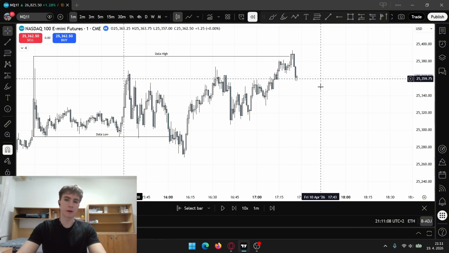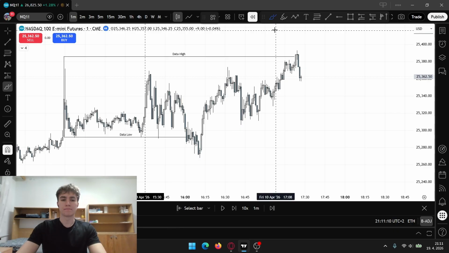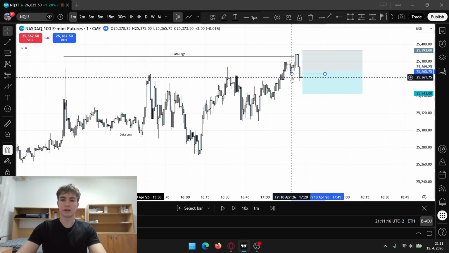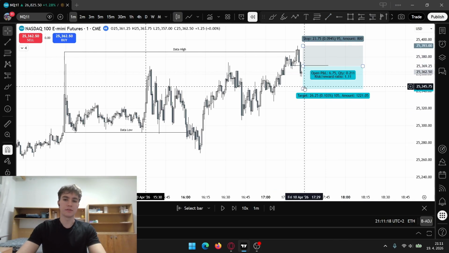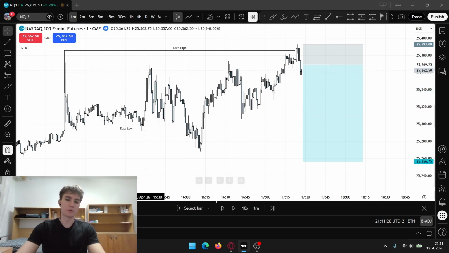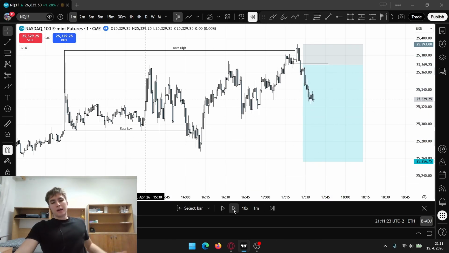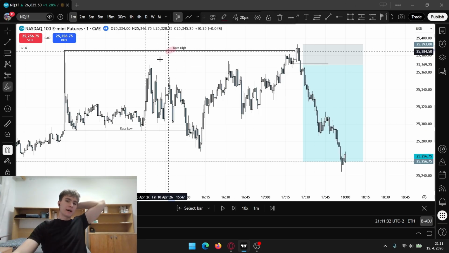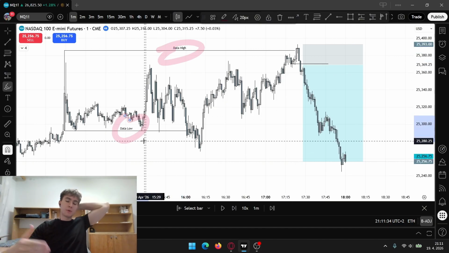Okay, so we swept it, and maybe we could take a short setup from here, with stop loss at a change in state. Here was the change in state, and take profit maybe at the opposing liquidity. This is just an example, but I just wanted to show you that the data high and data low get swept pretty much all the time, 90%, 95% of the time.